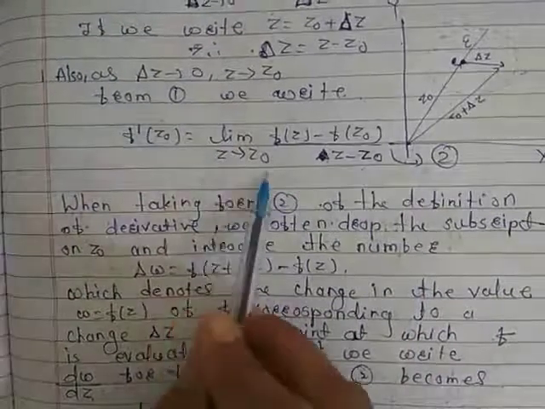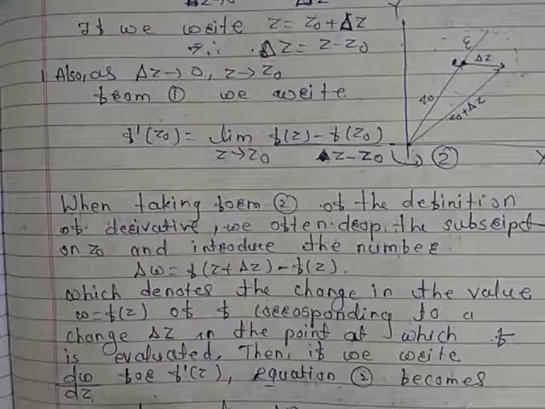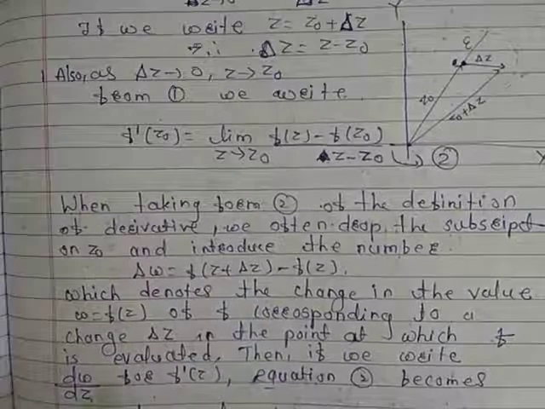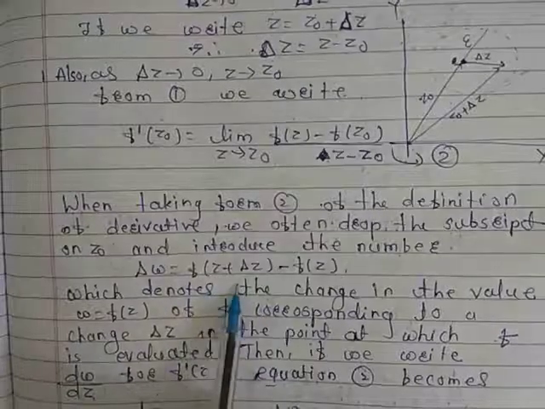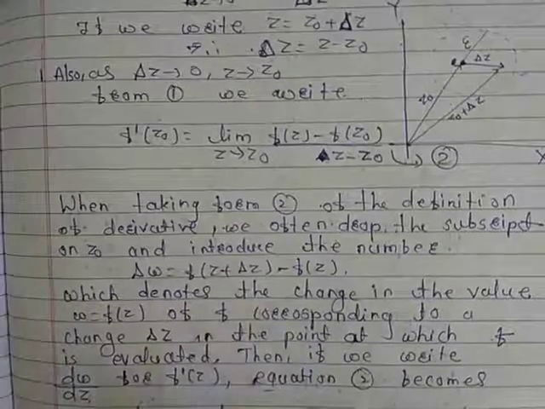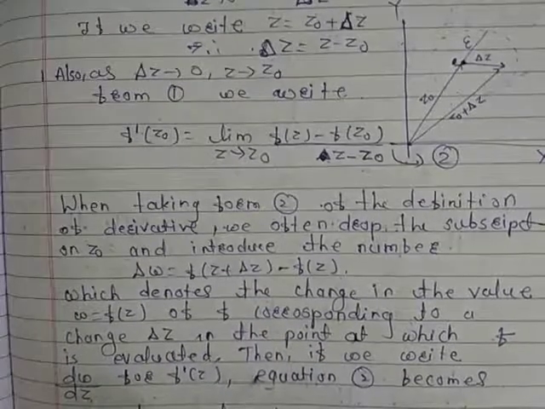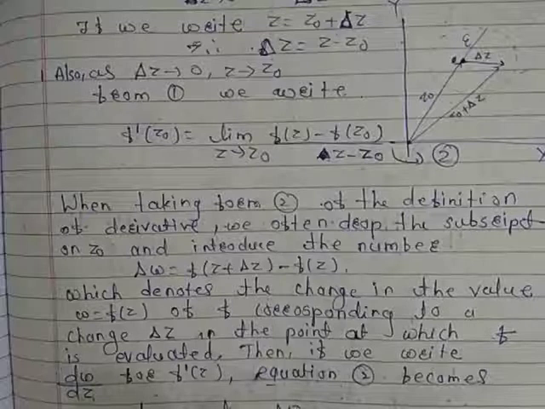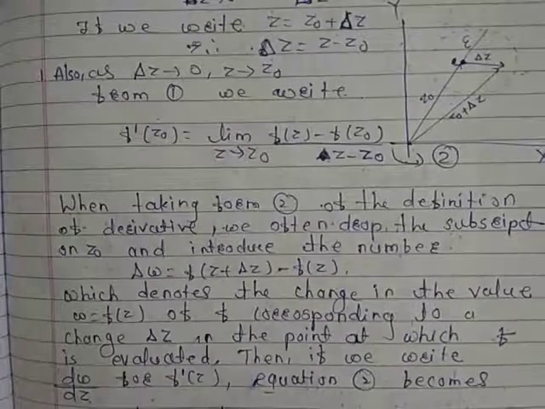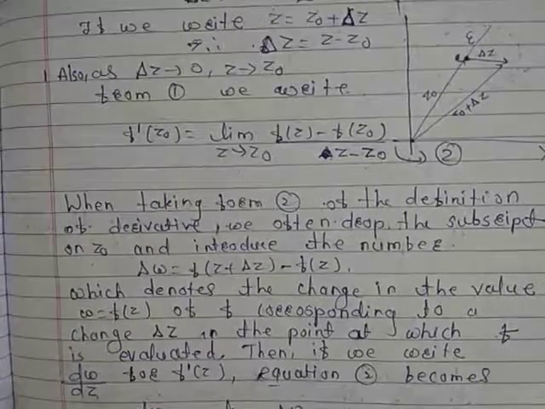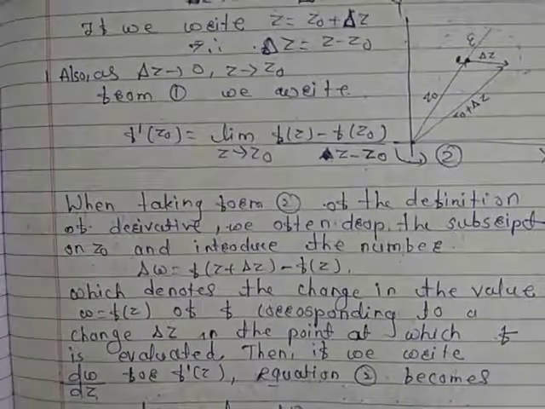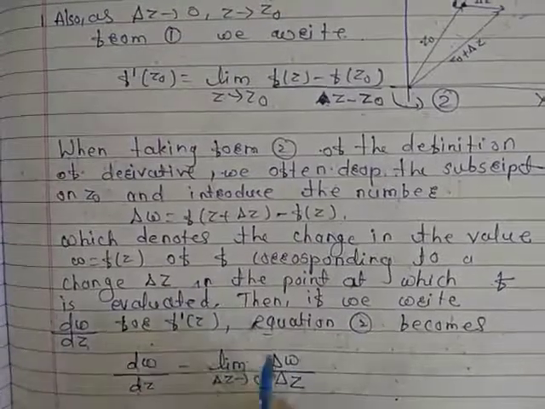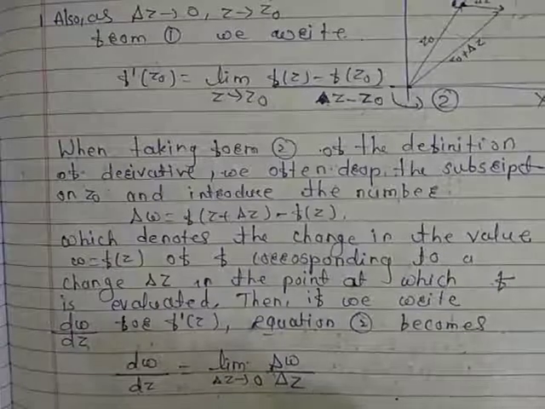Here z tends to z0 means delta z tends to 0.